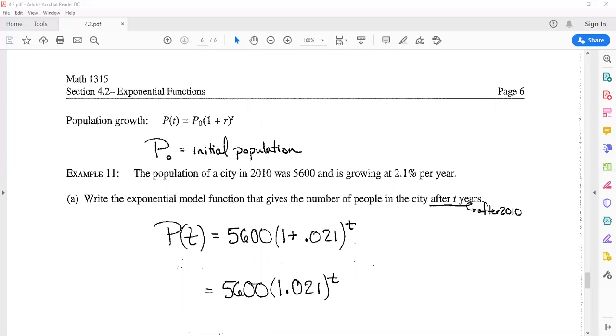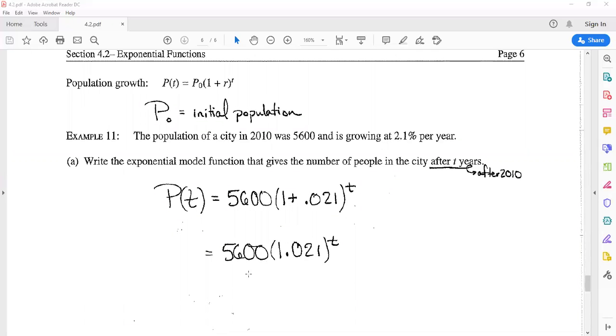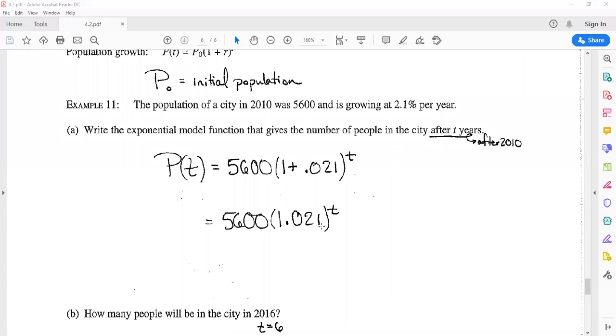Okay, and so the initial population is 5,600, and the growth rate is 0.021 because it's 2.1%. So we plug this in and we get 5,600 times 1 plus 0.021 all raised to the T. But you can simplify 1 plus 0.021. That is just 1.021. So we get 5,600 times 1.021 to the T.